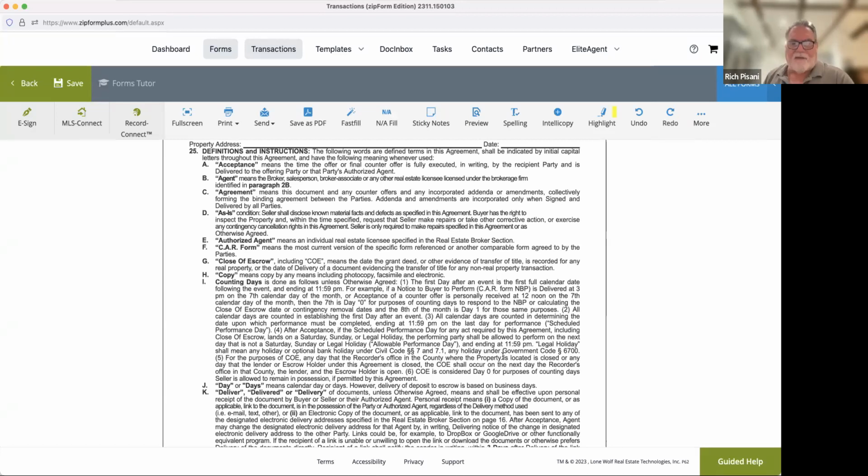For purposes of the close of escrow, any day that the recorder's office in the county where the property is located is closed, you can't close.